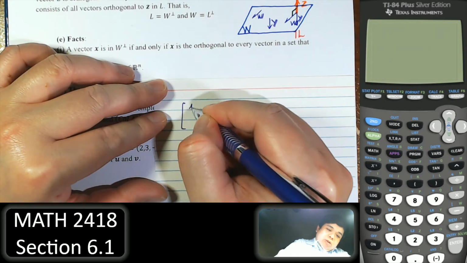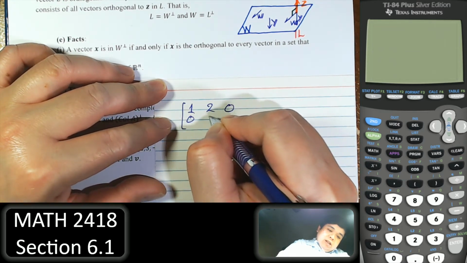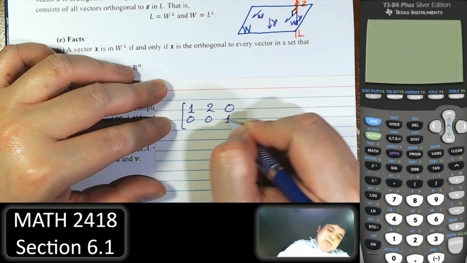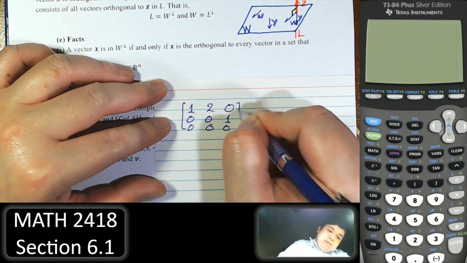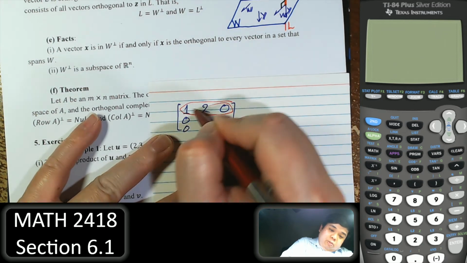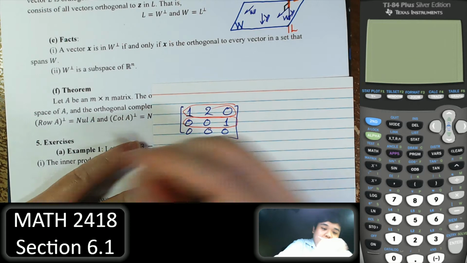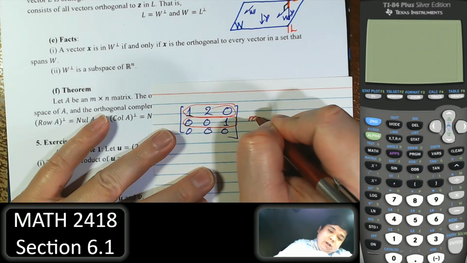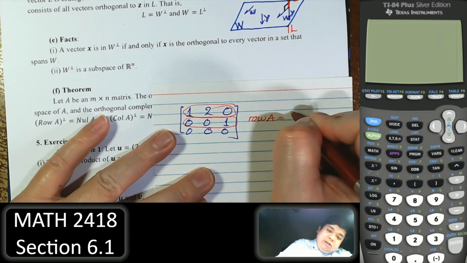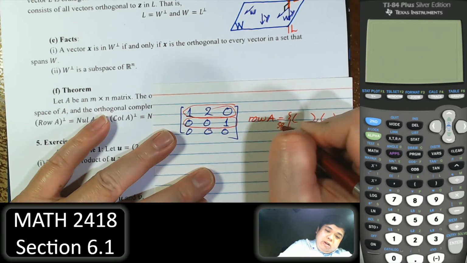Let's say we do the reduced row echelon form and we end up with something like this. In that case, these will be the basis for the row space of A, spanned by those two vectors.